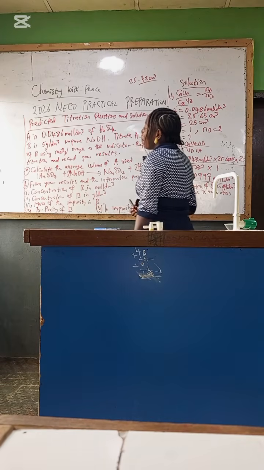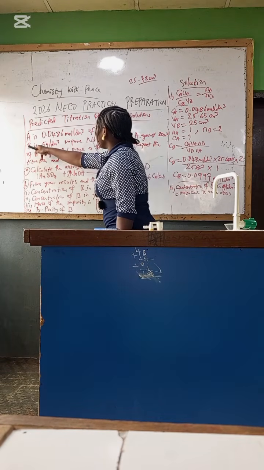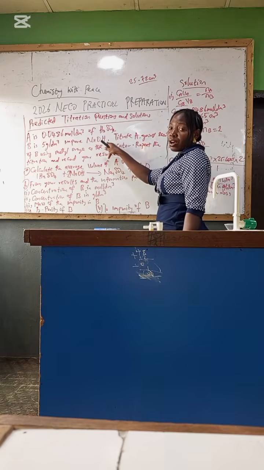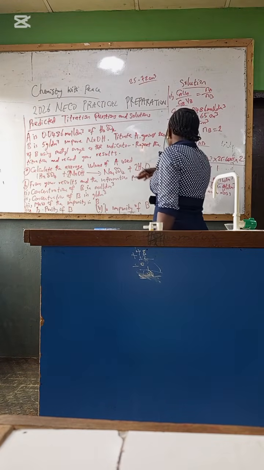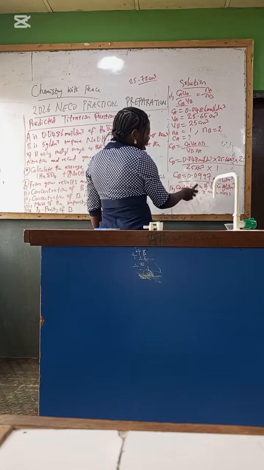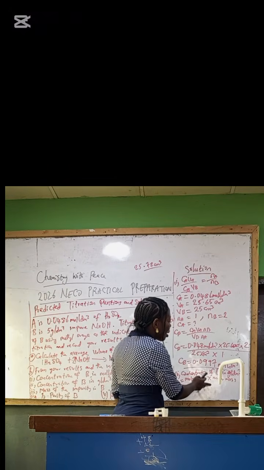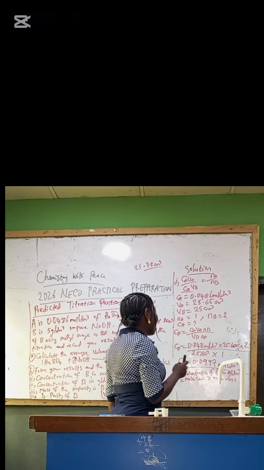Remember we are talking about B, which is sodium hydroxide. So we are going to find the molar mass for sodium hydroxide, and then the molar concentration. So we have molar concentration times molar mass.